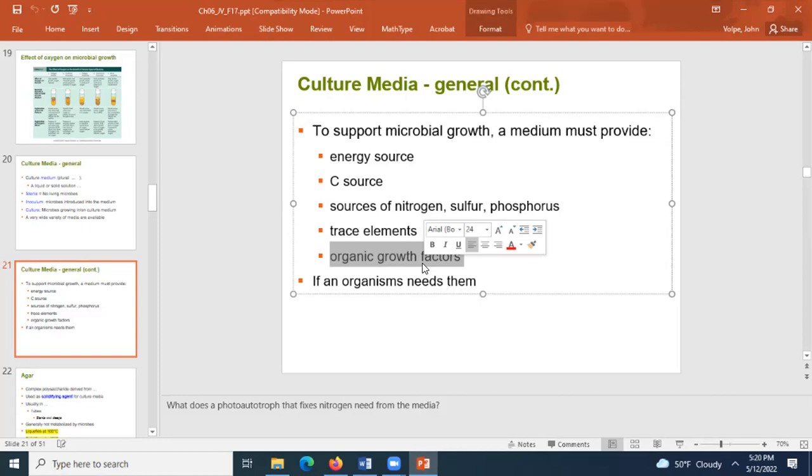Is it blood? That would supply the nutrients you need, but let's say you're not putting blood in because you're growing your own cells. And if you were to put blood in, that would contaminate your cells with the blood cells.